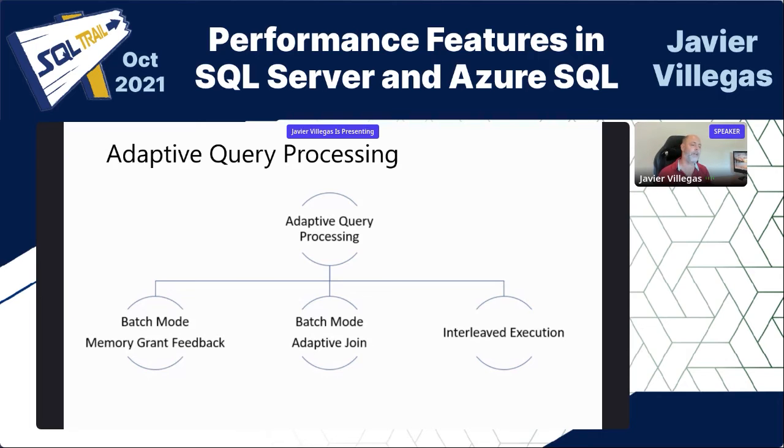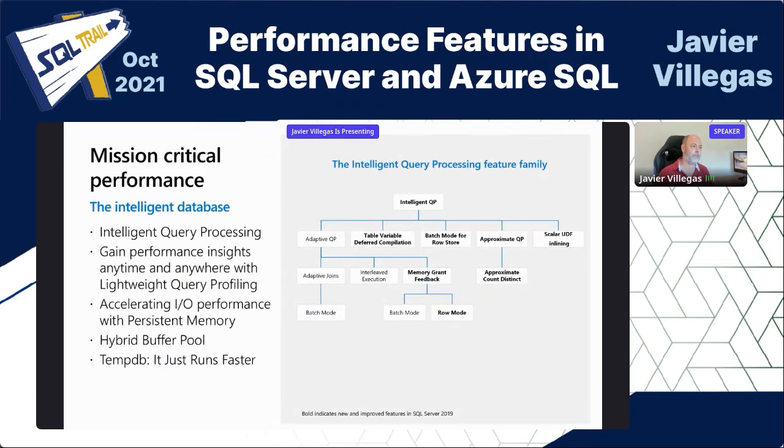But then in 2019, Microsoft added a superset of features to adaptive query processing. It rebranded it as intelligent query processing, with the same concept, right? Being able to adjust the plan based on feedback that we receive.